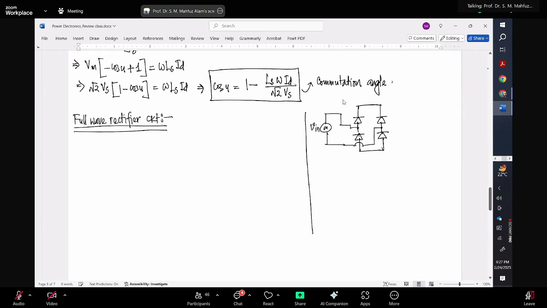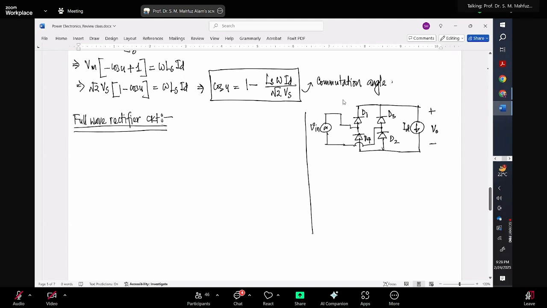This is my V in. This is D1, D2, and then this is D3, this is D4, and then we have a current source. This is your output voltage V0, and this is your source current Id.